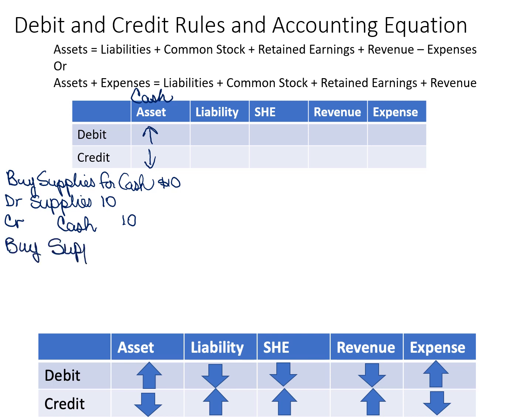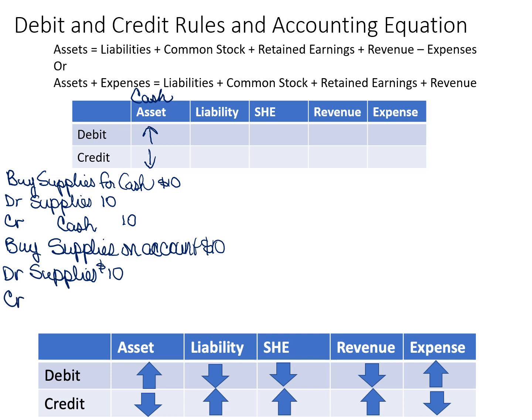What if instead I buy supplies with my credit card? And that's called on account. Well, if I buy supplies on account, then yes, I'm going to debit supplies because my supplies, the asset, is going up $10, which makes sense, but I need a credit because remember, debits equal credits.